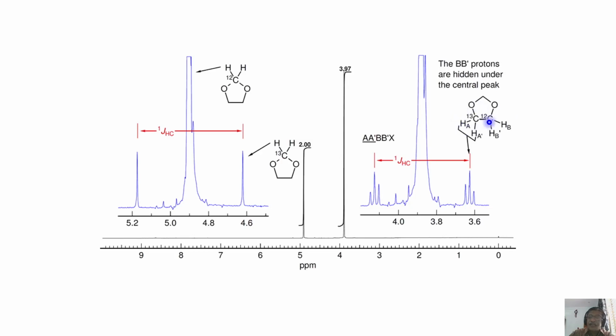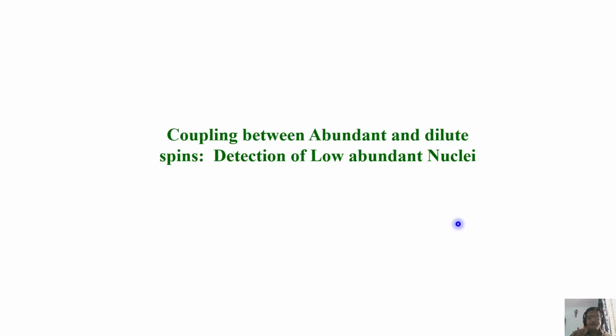X is carbon 13. This is what you are going to see. It is AA prime, BB prime, X now. Now, you can take the spectrum. I did not give you an analysis of the AA prime, BB prime, X spin system. You can analyze it and get all the coupling information. Okay.